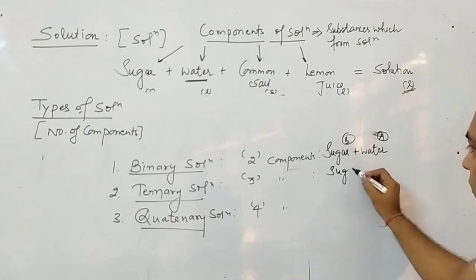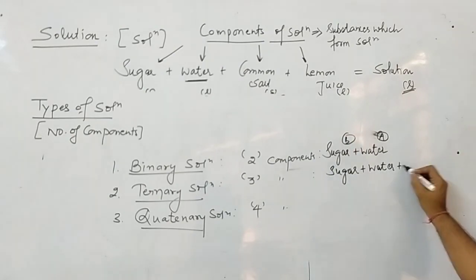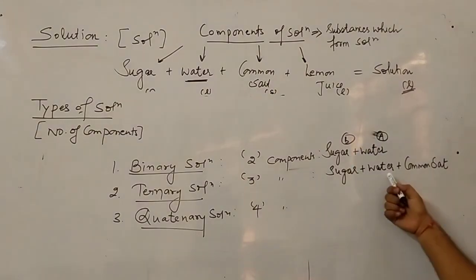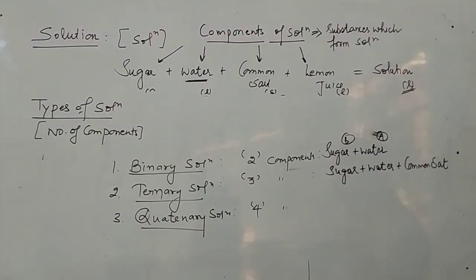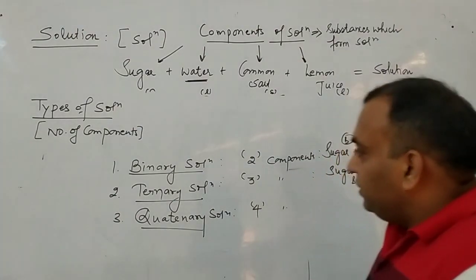Sugar plus water plus common salt. Now see, out of sugar, water and common salt, which is present in maximum proportion or more proportion? Water. Water being present in more proportion, this will act as solvent, while the remaining two will act as solute.